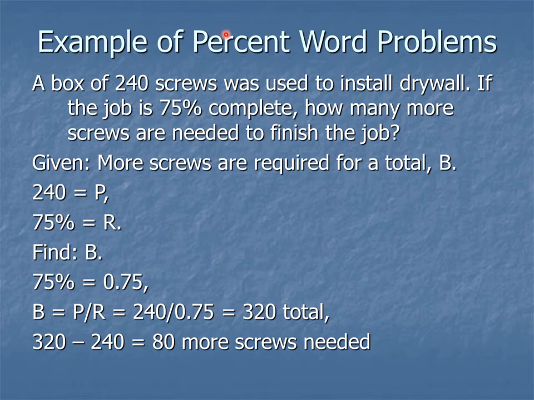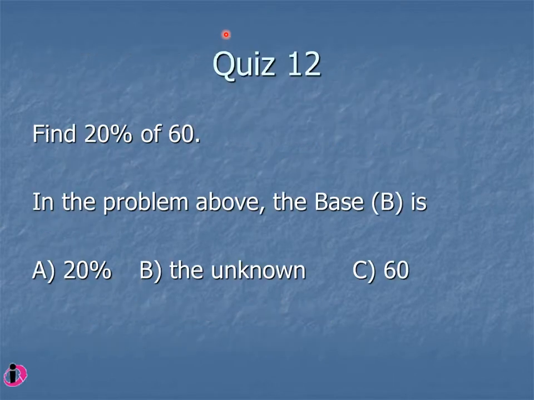Now we'll see how we can apply these formulas and try to find the rate, base, or portion. Let's see. Find 20% of 60. First of all, which one is base?